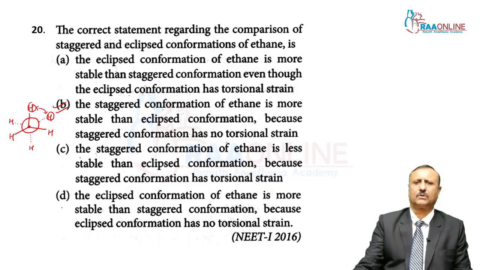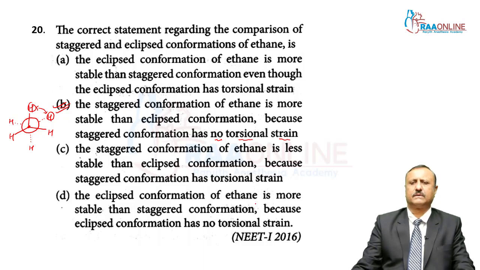There is no torsional strain in it. When hydrogen atoms come close to each other, it is called torsional strain. It is not present in the staggered form. So in question number 20, the staggered conformation of ethane is more stable than the eclipsed conformation. This question was also asked in NEET 2016, my dear students.